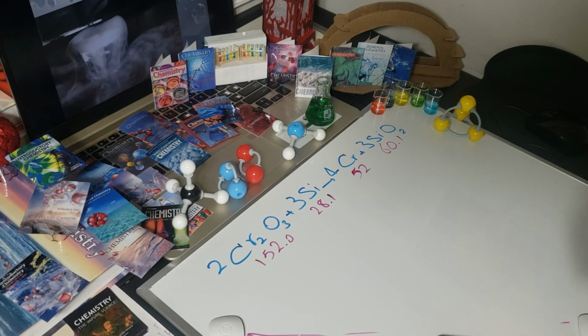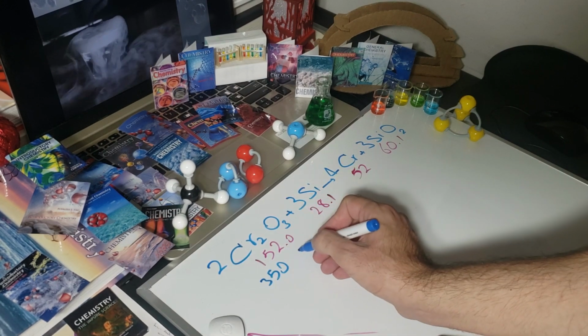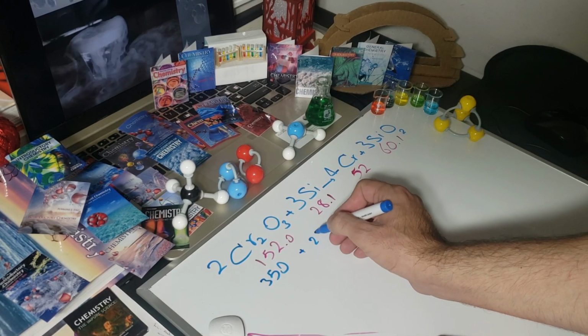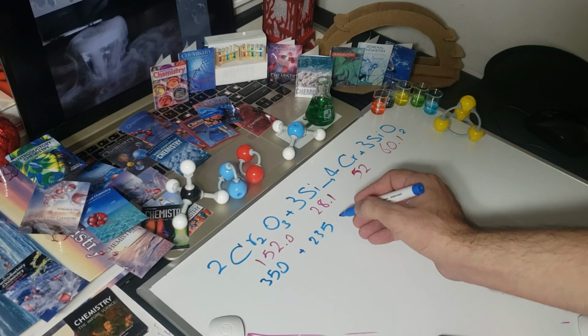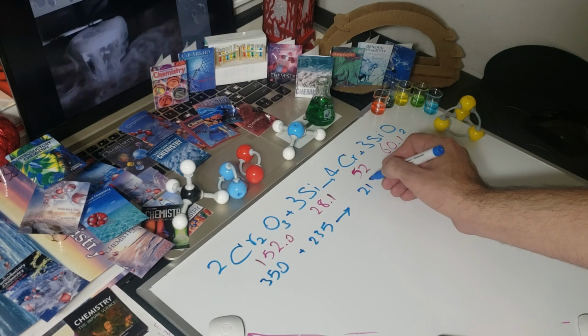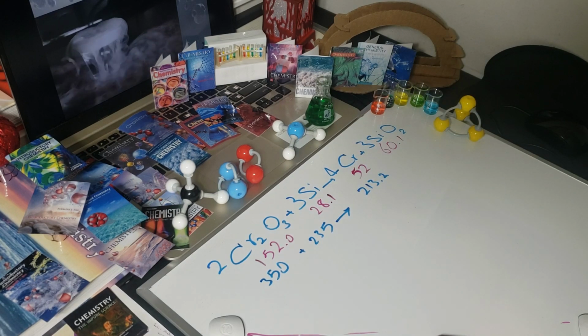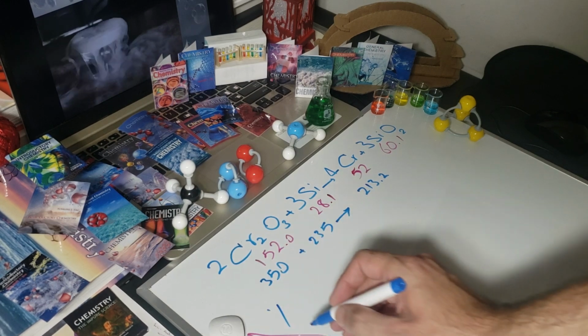The problem is asking: if 350 grams of this is added to 235 grams of silicon, and it produces 230.2 grams of chromium, then what is the percent yield for chromium?